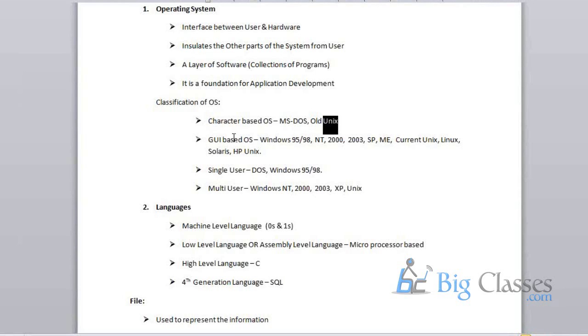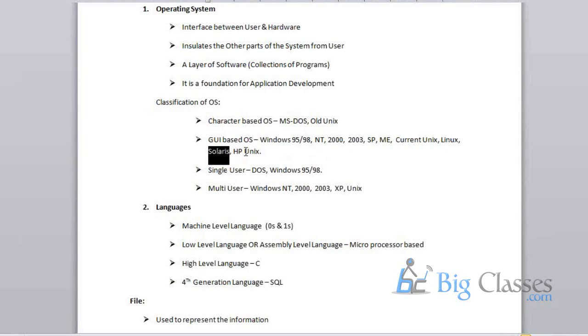You can see the next classification, that is GUI based operating system. So GUI based operating systems are Windows, so Windows 95, 98. I have listed out the examples here. The current Unix also has this GUI based environment. And you can observe Linux I have listed here. Linux has both CUI and GUI mode.